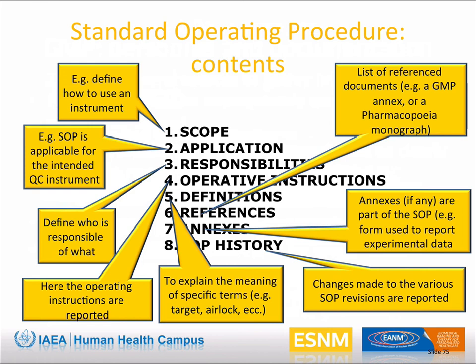Standard operating procedures are aimed to provide specific and detailed instructions on, for instance, how to use an instrument, or how to collect and record data, or to set limits and acceptance criteria for the quality control. Here you may see a typical index of an SOP, but of course other formats may be used.